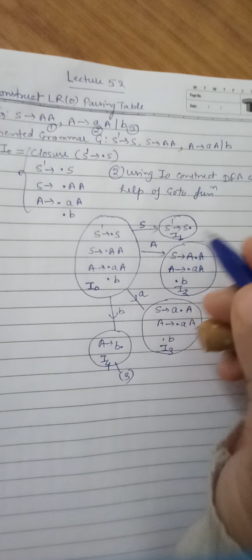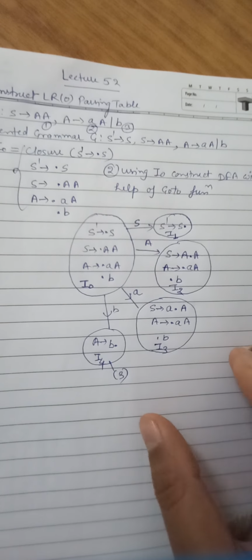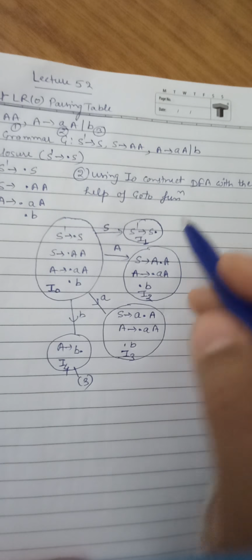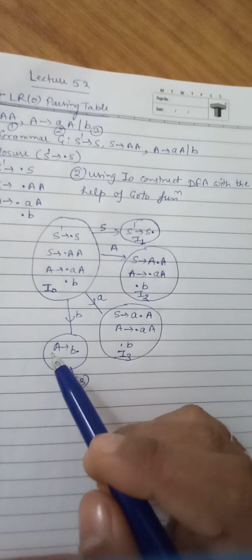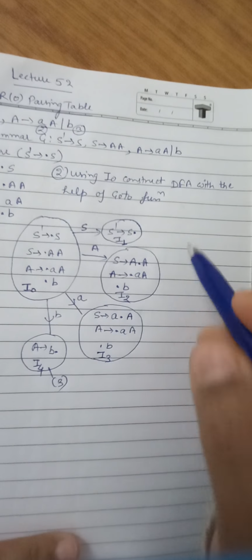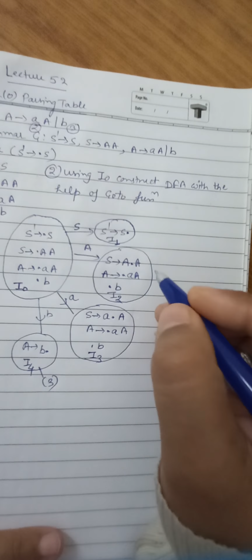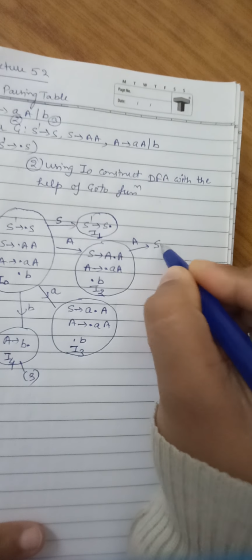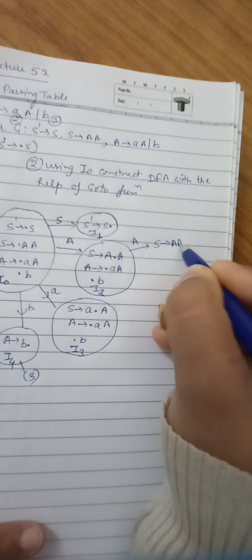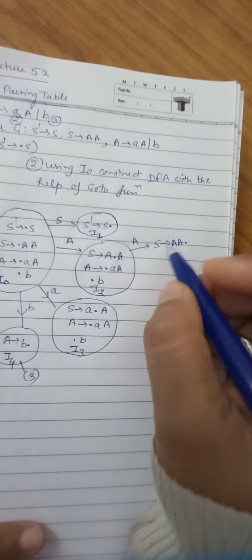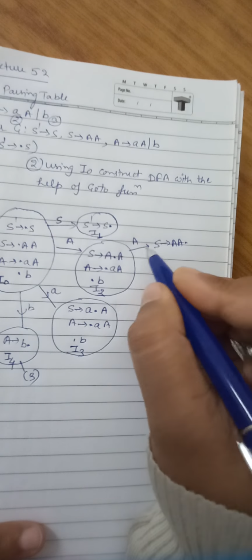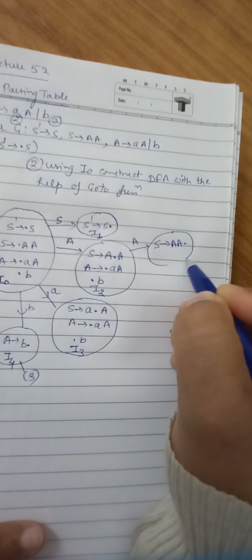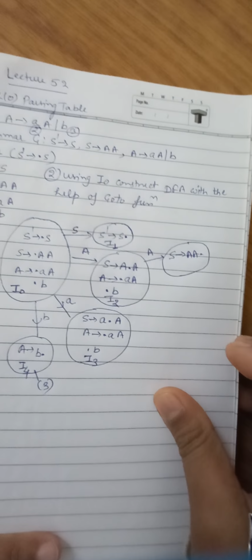Only the third is completed, so we will move ahead. What is left now? These two are left. Again, if we go for A transition, we will get S tends to AA dot, because here it was A dot A, so further we go for A. It means it gets completed, because after that there is nothing.